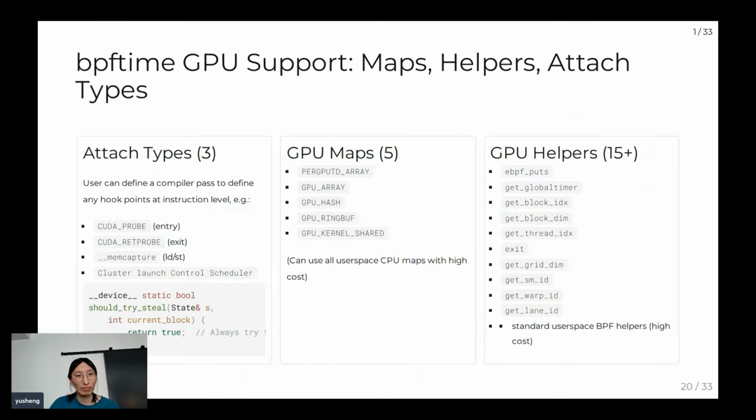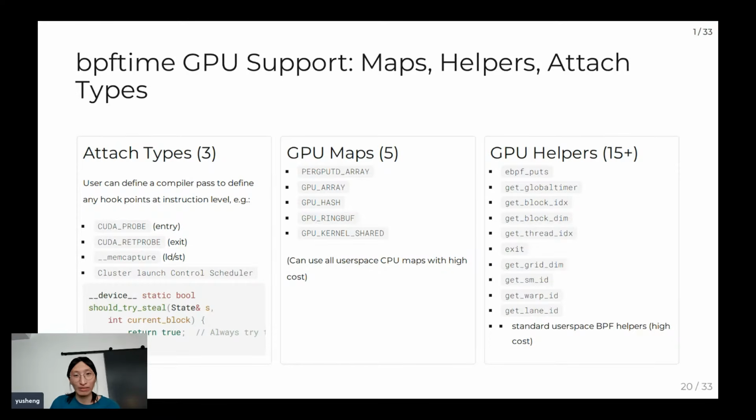So we can do some attach types. We can attach as the GPU thread entry and GPU thread exit, we can attach as memory access, and we can also try to create some cluster launch control schedulers, but this one requires a lot more modification to a GPU kernel, some hacks.